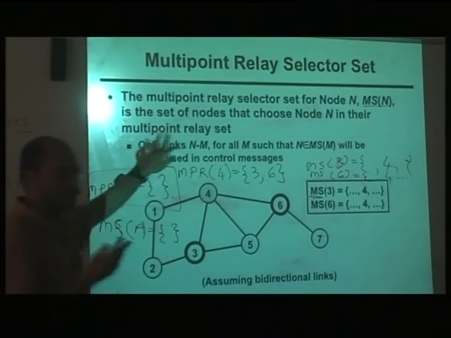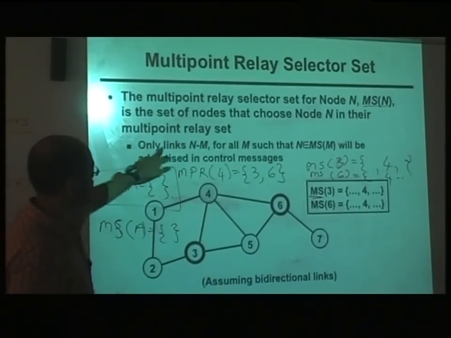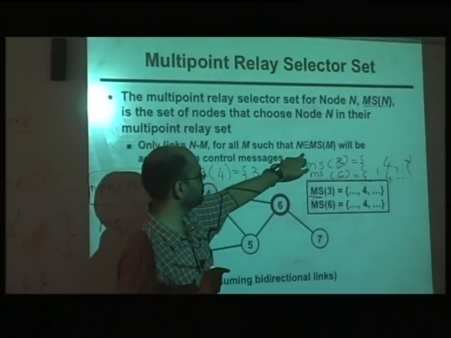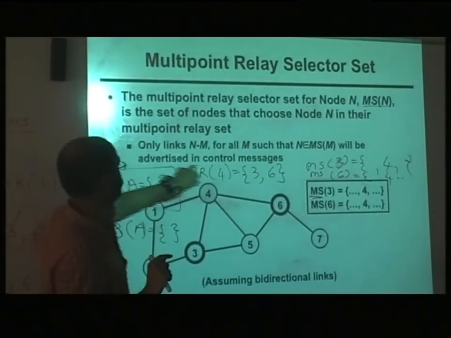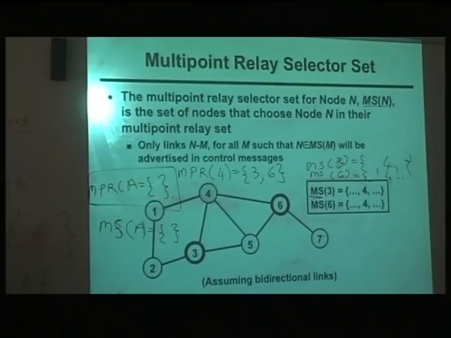So now the routing protocol, how it happens. Only links n m for all n such that n belongs to MS of m will be advertised in control messages. So let's read this, take time and try to understand this, and then I will help you understand. I want you to understand this first, and then I can explain.